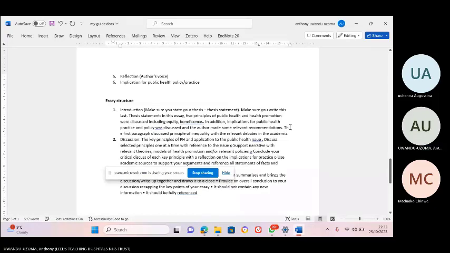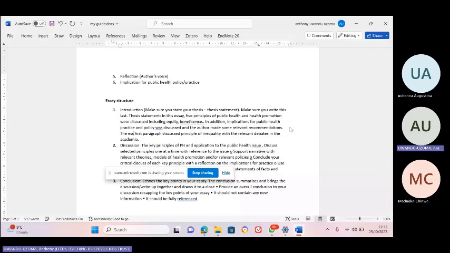So I can just say the essay is divided, because I cannot do just paragraph by paragraph, I just have to group it. So that's what I'm doing. Divided into like 4 sections.